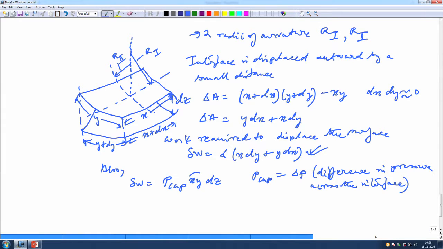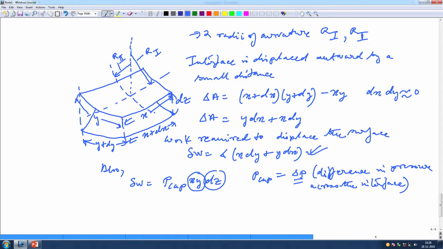So, the work that is done is basically given by the surface tension multiplied by the change in area. Okay. Similarly, the same thing we can also say that this is the work that is done by the capillary pressure, right. Capillary pressure which actually took this area and displaced it by dz, and this capillary pressure is nothing but the pressure difference across the interface, right. Okay.